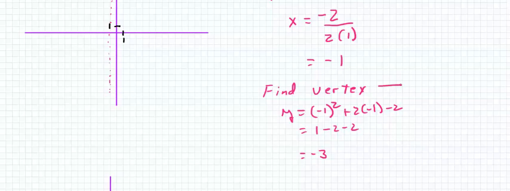So the vertex then is the ordered pair -1, -3. So I found the vertex. Very important.